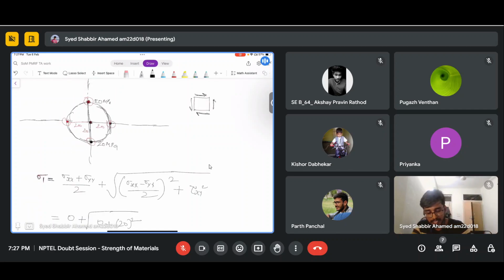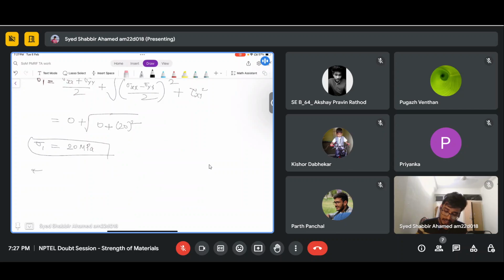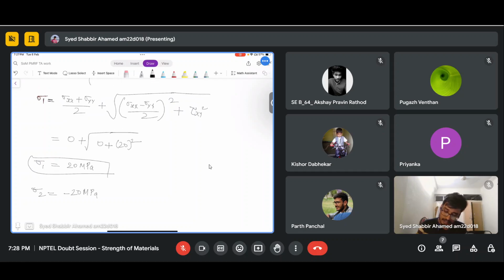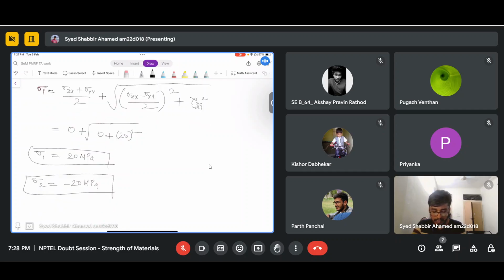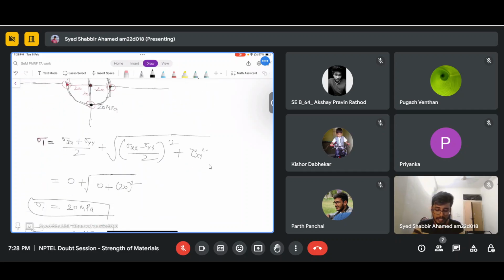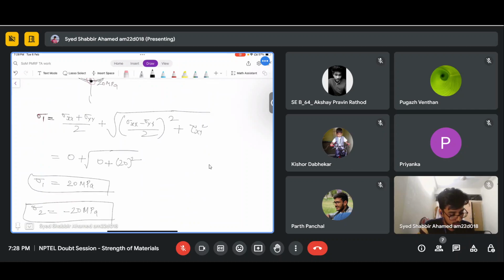But simply using this diagram, if you have drawn it, you can calculate the principal stress at this point. Similarly, sigma 2 you can calculate with the same formula. Here you will get minus 20 megapascal. And then the plane at which this is acting.